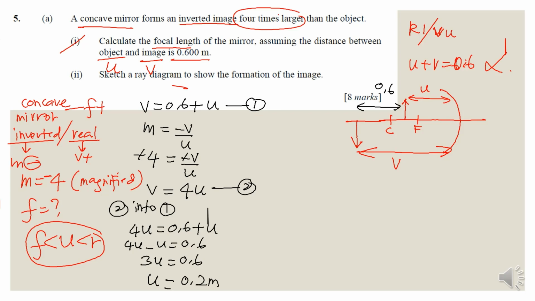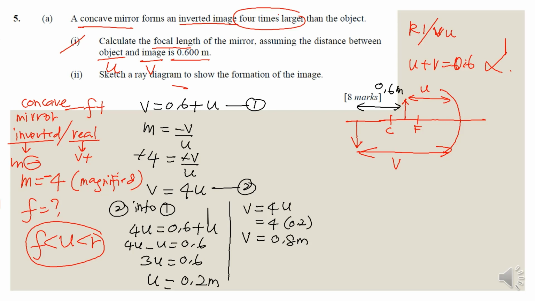Lepas tu kita masuklah dalam V. V kita adalah 4U tadi kan. So kita masuk 0.2, dapatlah V kita 0.8 meter. Sebab semua ni dalam meter, U dan V semua dalam meter.